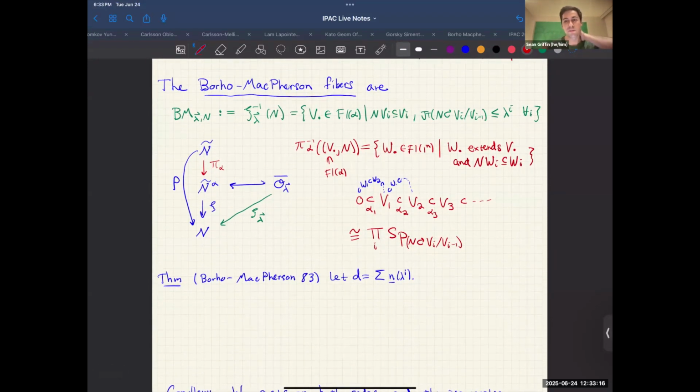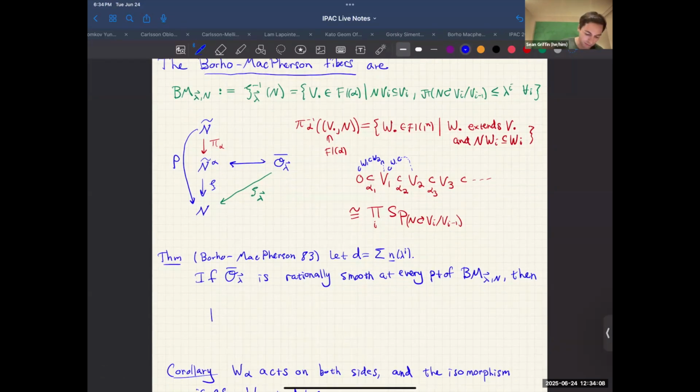And Borho-MacPherson's theorem, or one of their several theorems in this paper from 1983, is that the cohomology of each of these fibers is related in the following isomorphism under some rational smoothness condition. So if your stratum is rationally smooth at every point of the fiber over the stratum, every point of this Borho-MacPherson variety, then you get the following isomorphism between cohomology groups.